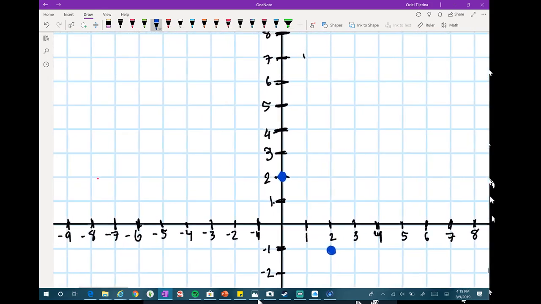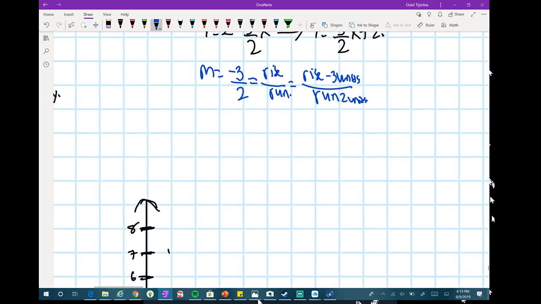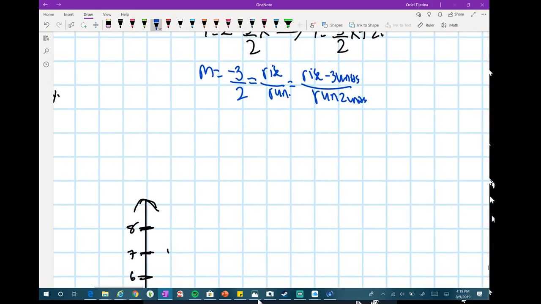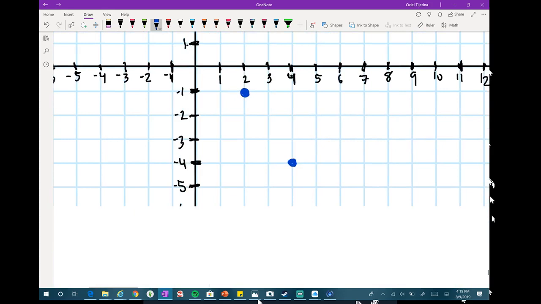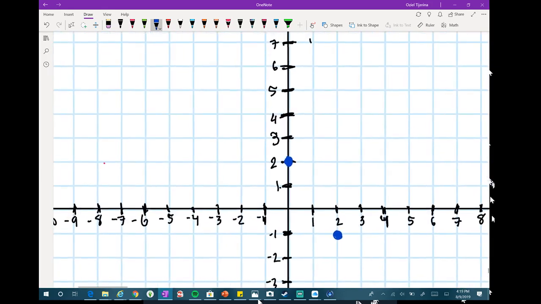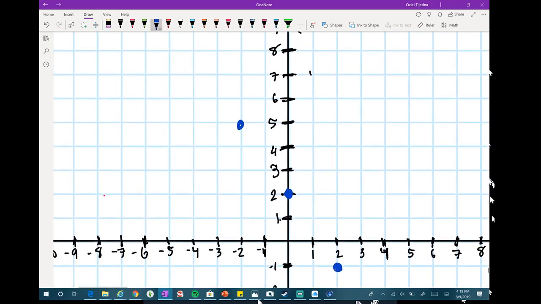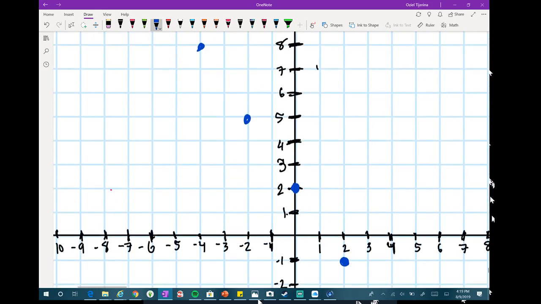And then you do the same thing over here. Negative 3 halves is basically the same thing as saying 3 over negative 2. So you go up 3, left 2, up 3, left 2, and then I believe that's it.